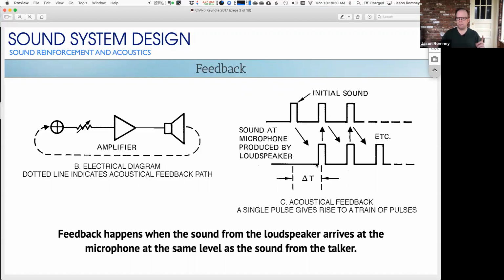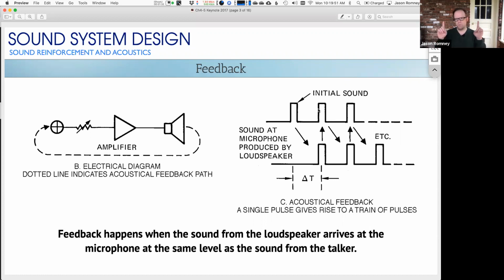And based on the wavelengths of the various frequencies and their connection with that particular distance or time, there will be a certain frequency that has traveled some certain multiple of wavelengths before it gets to the microphone and is arriving at the same phase relationship as the copy of that frequency that's coming in from the talker.